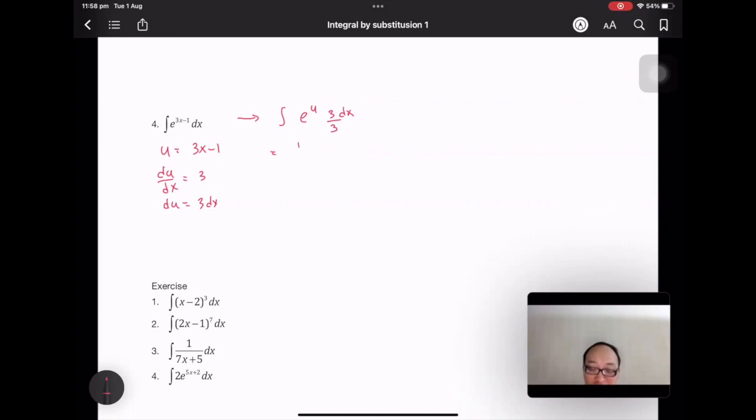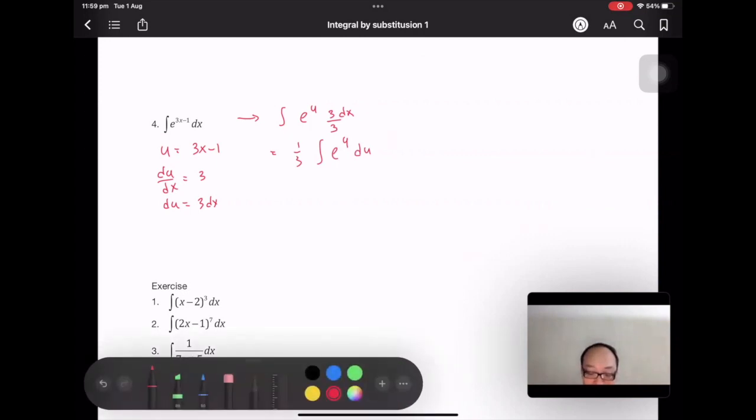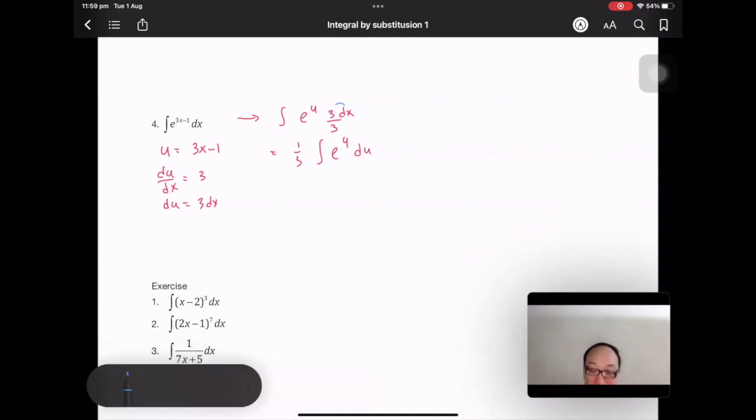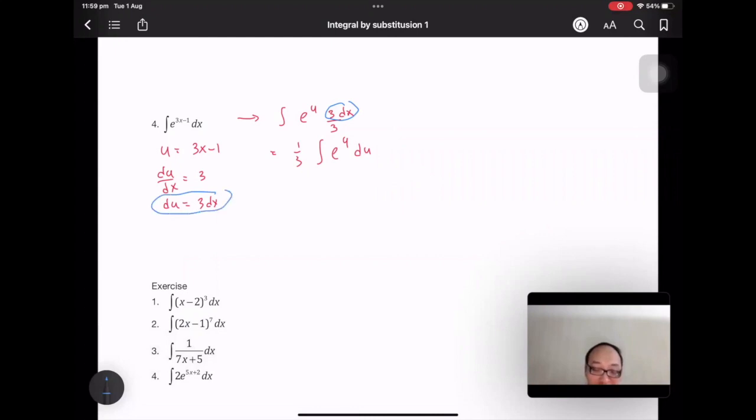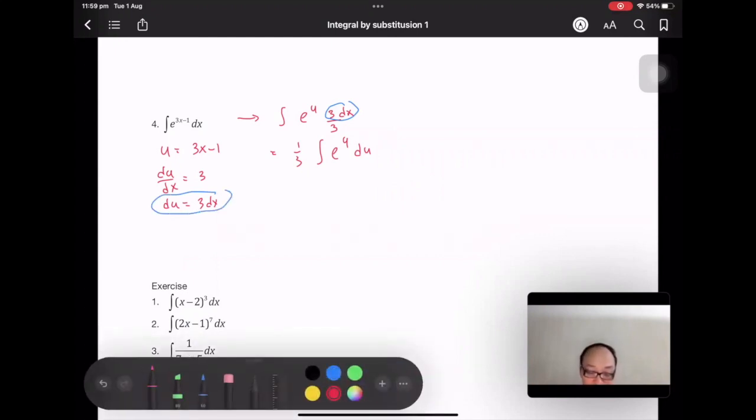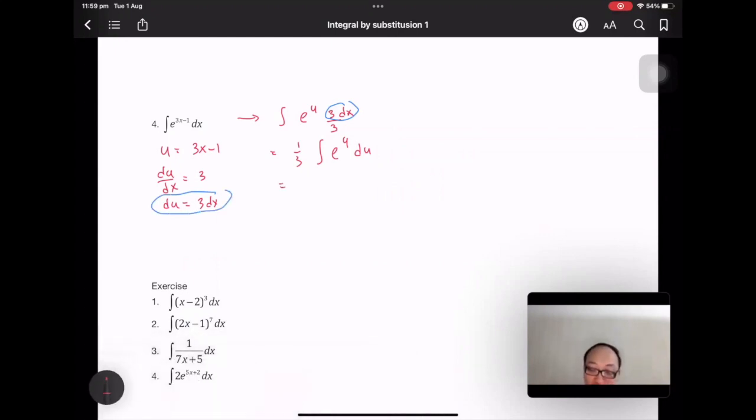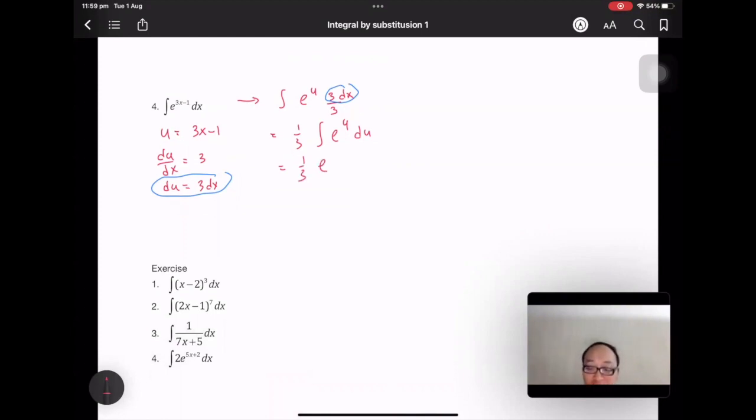So it is 1/3 integral e^u du. You do the same. 3 dx is equal to du. So equals 1/3 integral, e to the power of u is e to the power of u, plus c. So it's 1/3 e to the power of 3x minus 1, plus c.